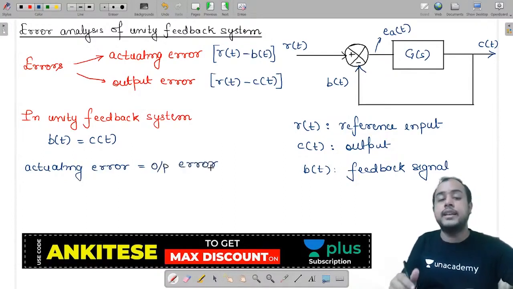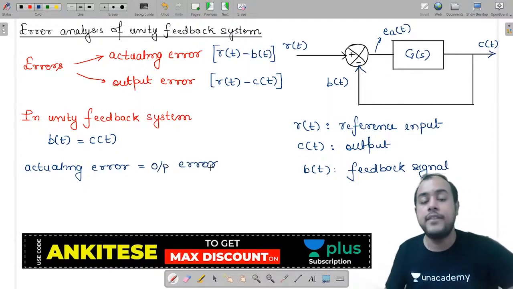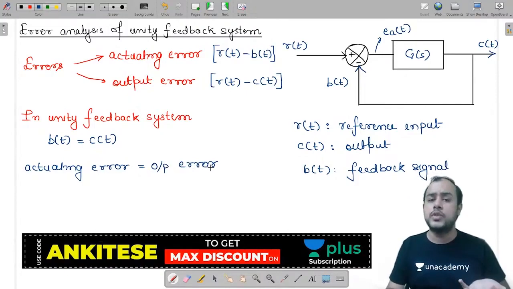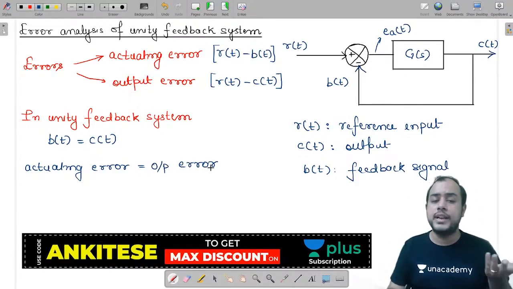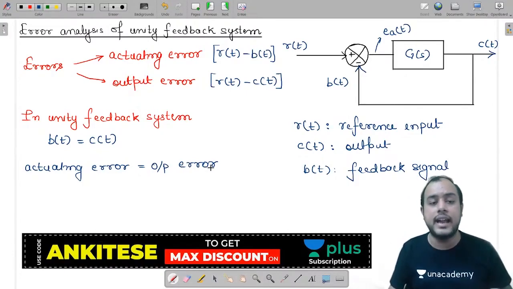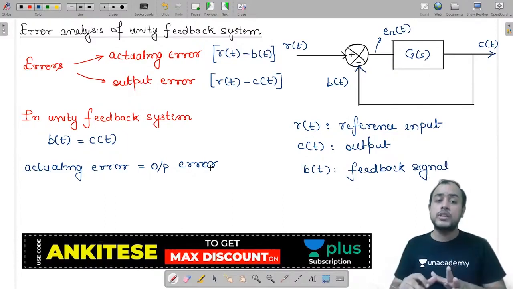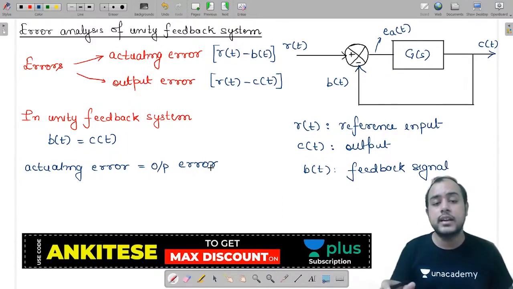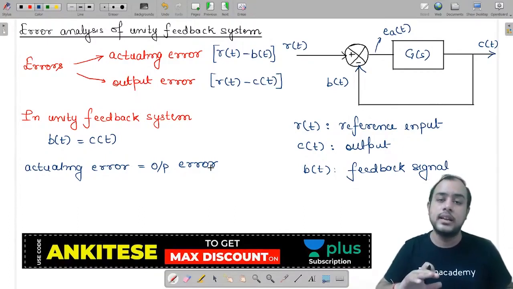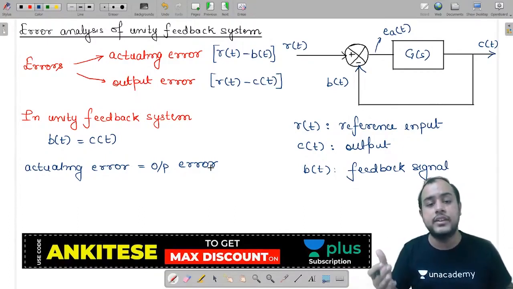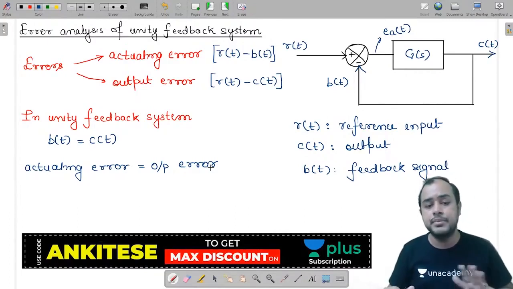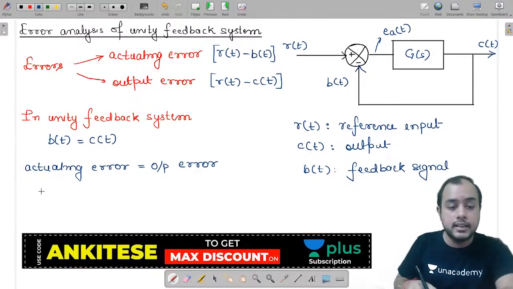And that is why there is no controversy when we talk about a unity feedback system. Why? Because actuating and the output error are one and the same thing. Most of the people in this industry as well as the students are confused between these two errors, like which one is actuating, which one is output error. But when both are same, then there is no controversy in any concept.